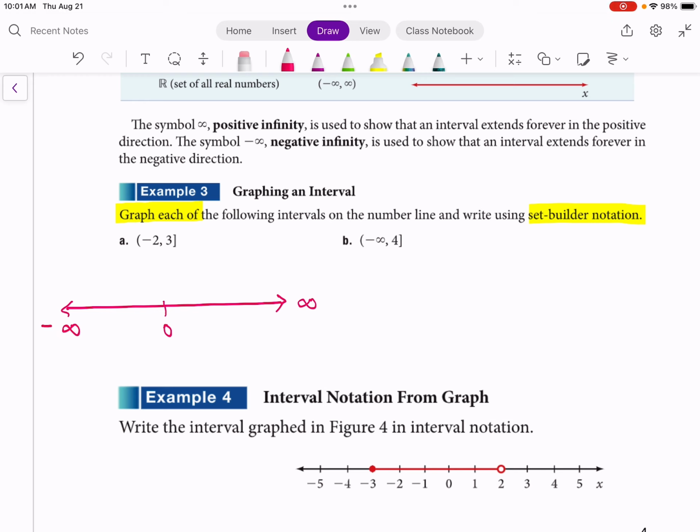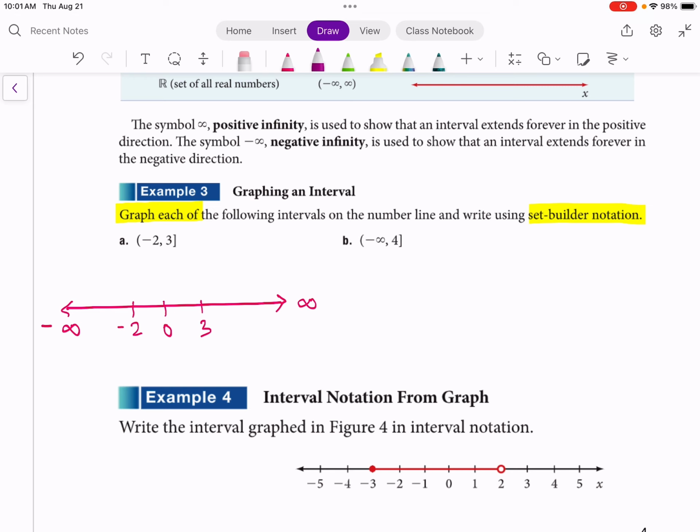Now let's locate negative 2 and 3. Negative 2 is a negative number, so it should be on the left of 0. Let's say this is negative 2, and we have 3 on the right of 0. Now, what do we have with negative 2? We have a parenthesis. What does it mean? We are excluding negative 2.